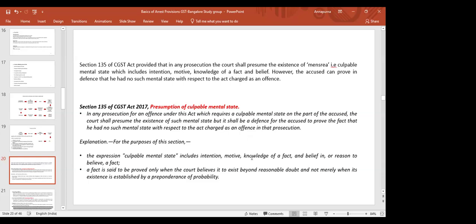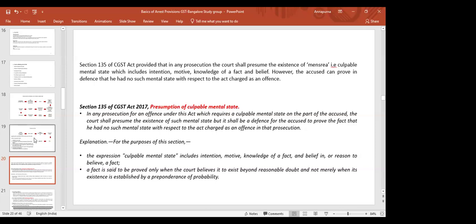So it includes intention, motive, knowledge, all that. So basically, I think for any offense under 132, the accused has to prove that there's no culpable mental state. That is what I was able to connect with this 132 and 135, sir. So the burden of proof is on the accused, sir, and not on the department.